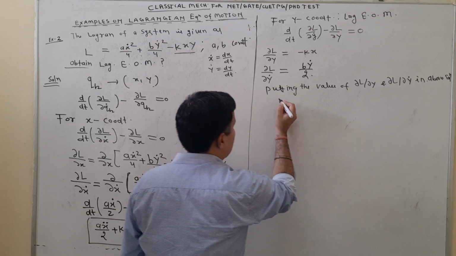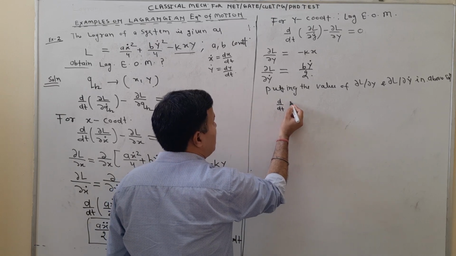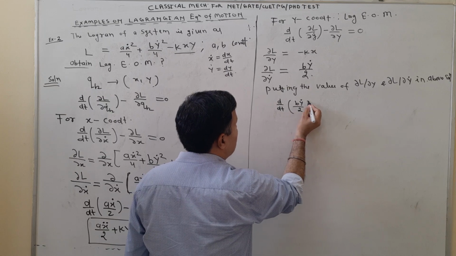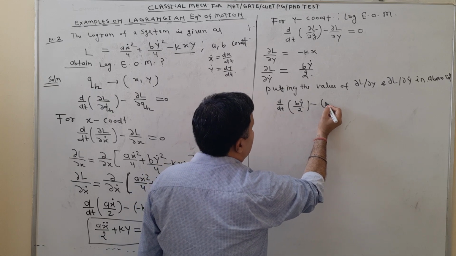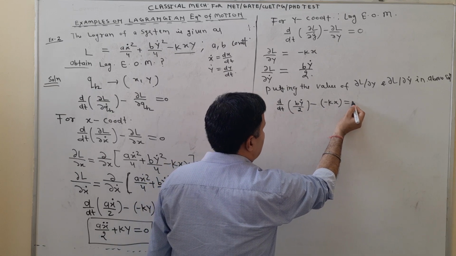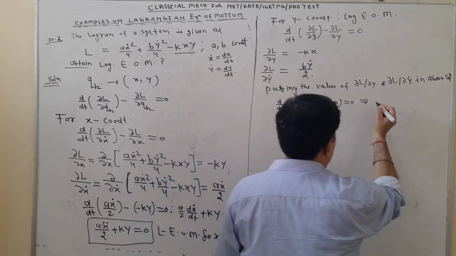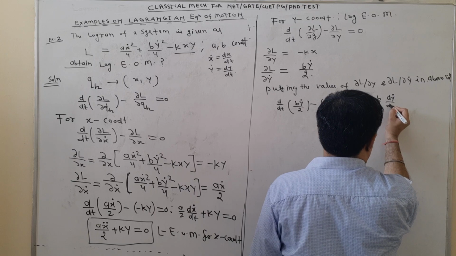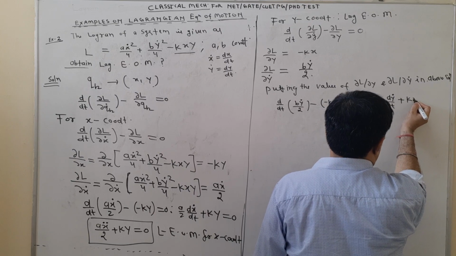So we have d by dt of del L by del y dot, which is b by 2 minus k of x equal to 0. This can be written as b by 2 dy dot by dt plus kx.